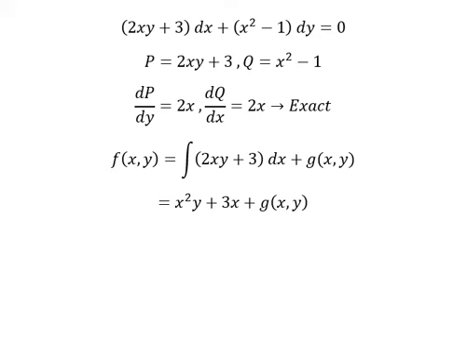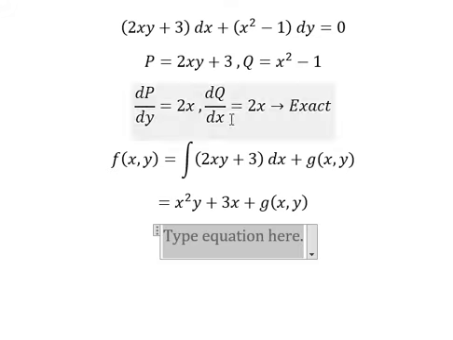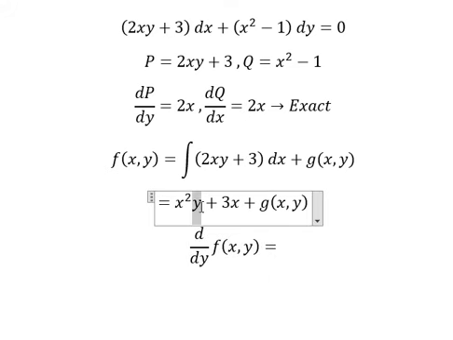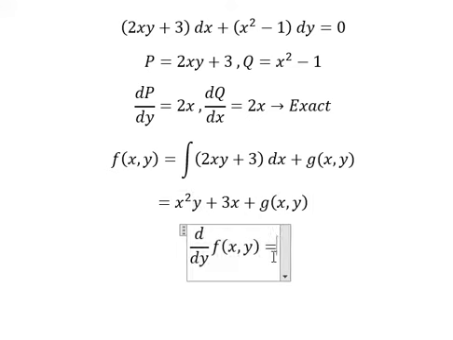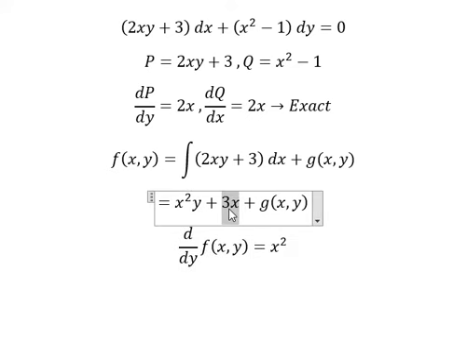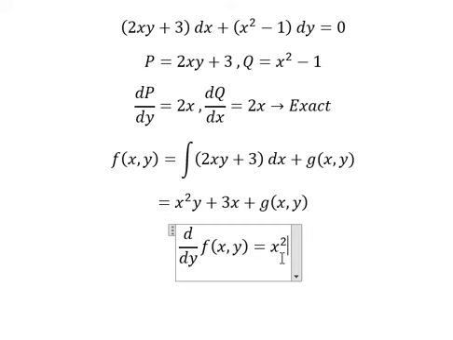Next, we need to do first derivative of the function of f with respect to y. So this one we have number 1. This one we don't have y, so you got 0.